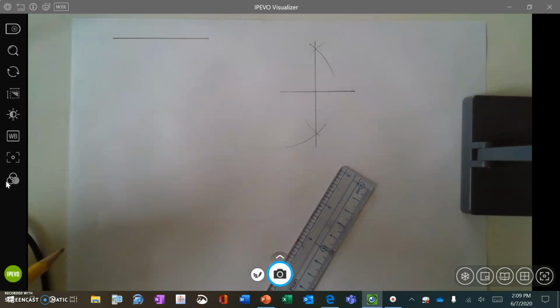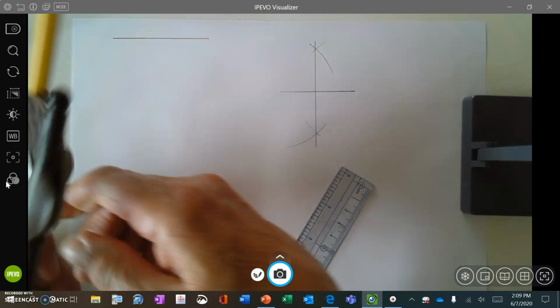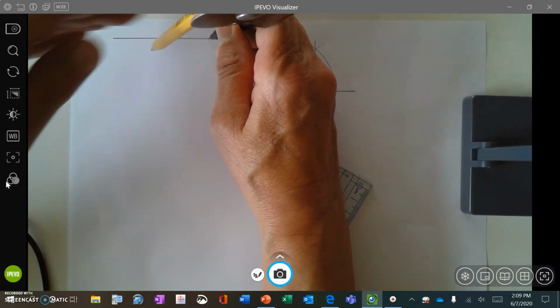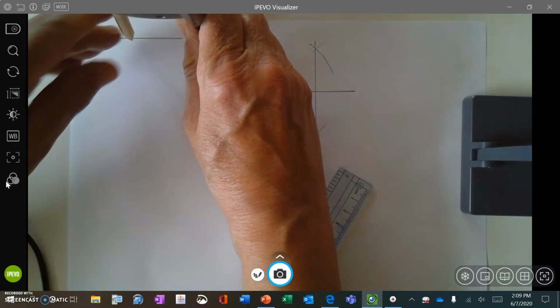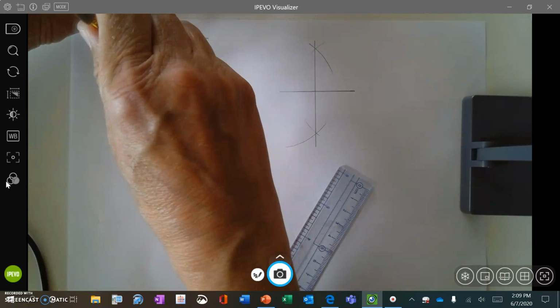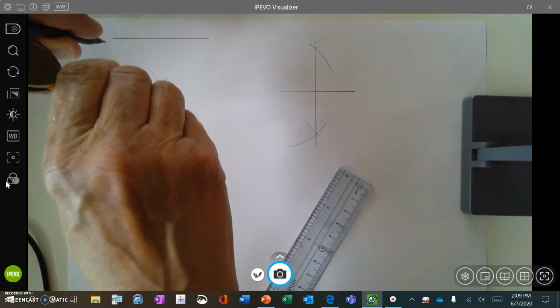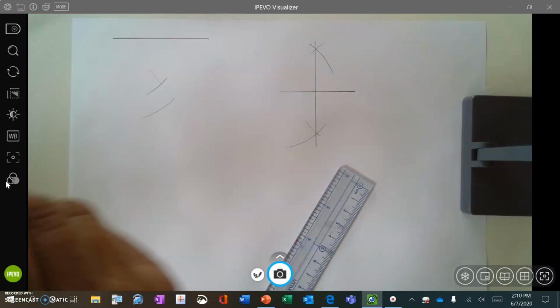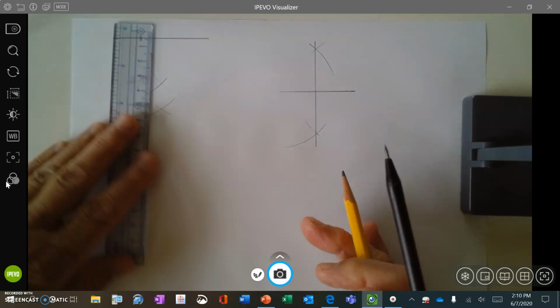If I don't have enough room to go above and below, then I am going to do both of them in the same spot. So I'm going to open this up wider than halfway across. I'll make an arc below, and I'll go to this side and make another arc below. And then I'll open up my compass to a different opening and make another arc below and another arc going through that.